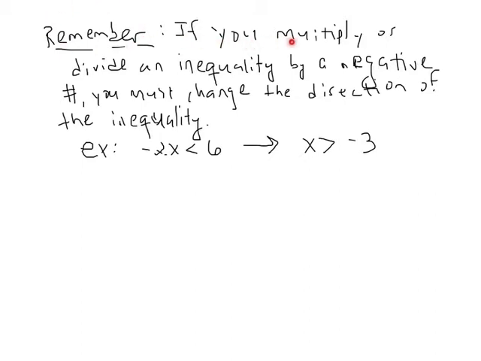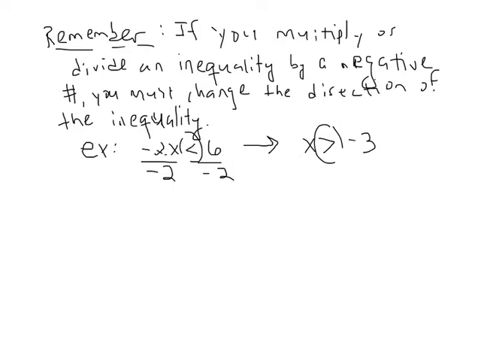If you multiply or divide an inequality by a negative number, you must change the direction of the inequality. For example, if you have -2x is less than 6, and you say, well, to solve I have to divide by this -2, you have to change the less than sign to a greater than sign.